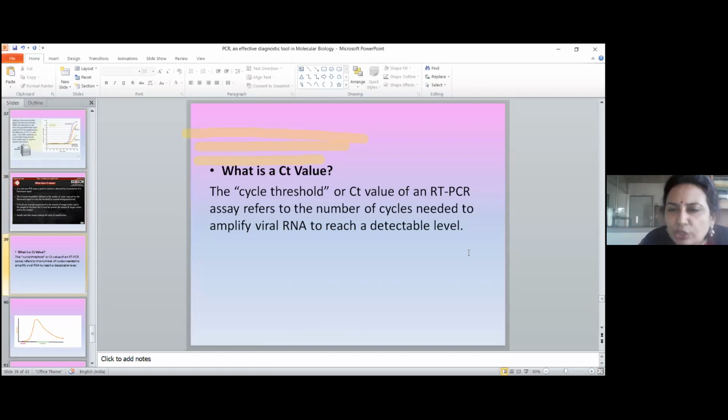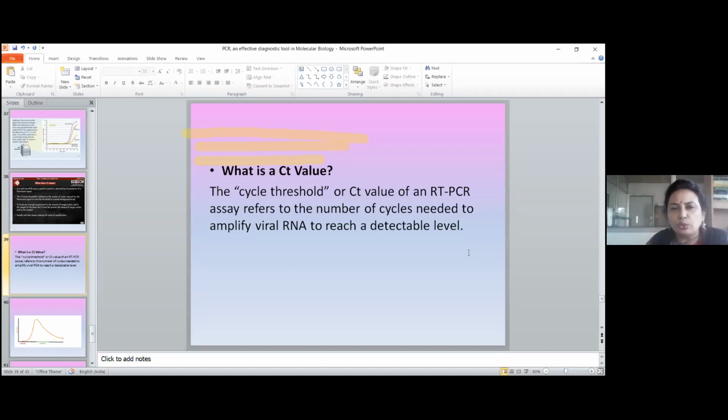The cycle threshold or CT value of an RT-PCR assay refers to the number of cycles that are needed to amplify the viral RNA to reach a detectable level. Got it? So what is the CT value? The number of cycles required to amplify the DNA to a point at which it can be detected.